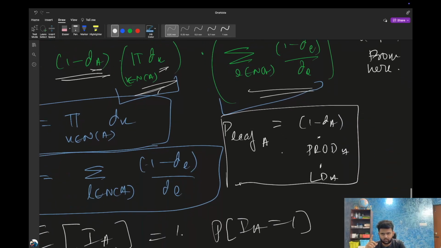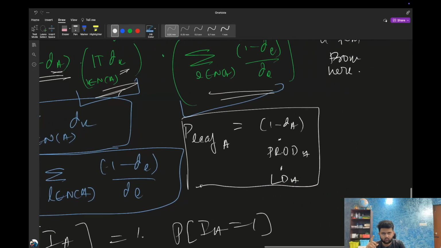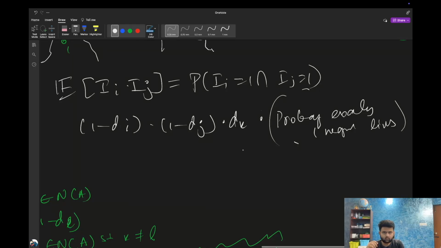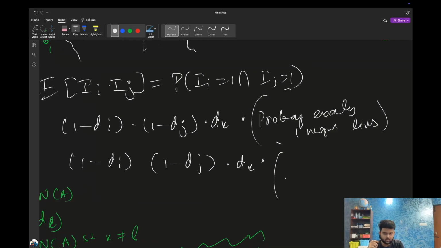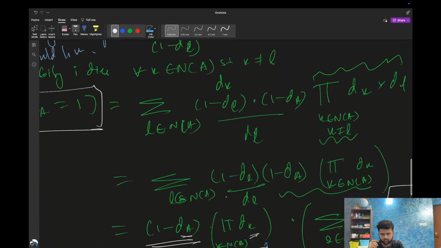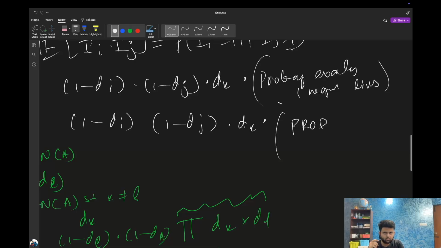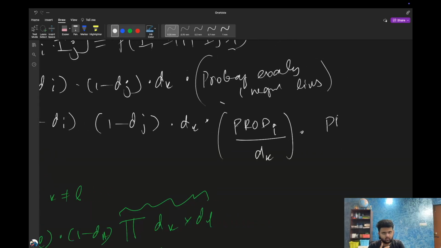So we can rewrite this as 1 minus dI times 1 minus dJ times dK times the probability that all its neighborhood dies, which I named prod. So prod I, but since we already have a dK here, we don't need to add it here, times all its neighbors die.